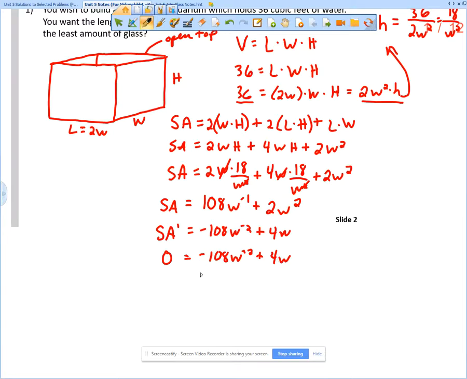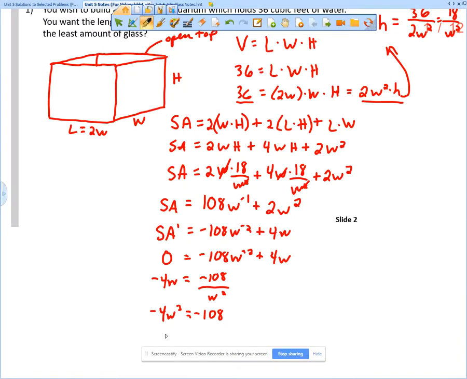How do we solve for W? If I subtract 4W, I get negative 108, which I'll rewrite as over W squared, equals 4W. Multiplying by W squared, we get negative 4W cubed equals negative 108, which becomes quite a bit easier to solve.